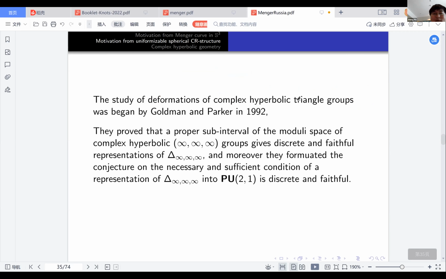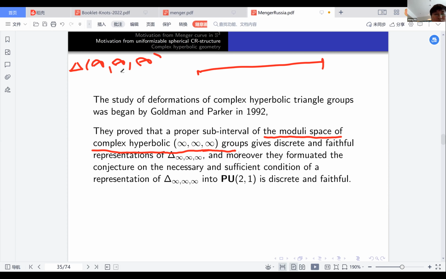And Goldman and Parker provide a proper subinterval of the moduli space of complex hyperbolic triangle groups, by this I mean the moduli space of Δ(∞,∞,∞). It's an interval.